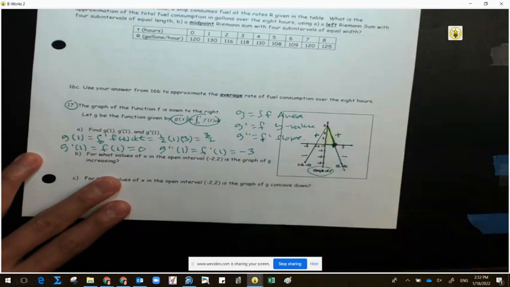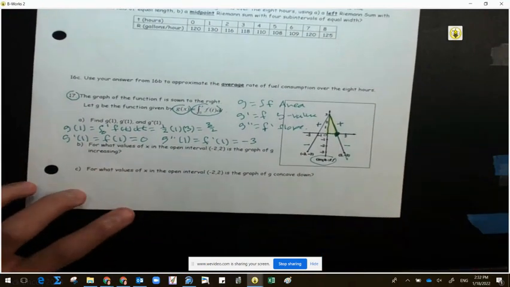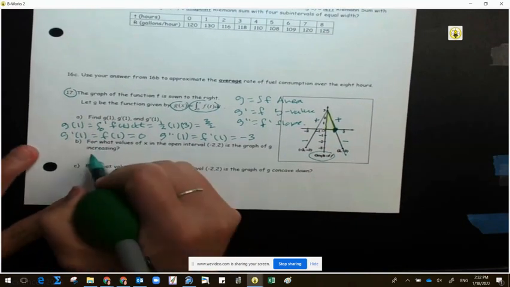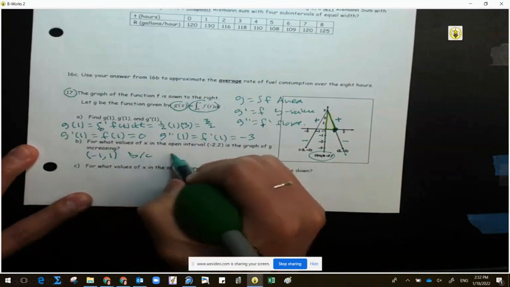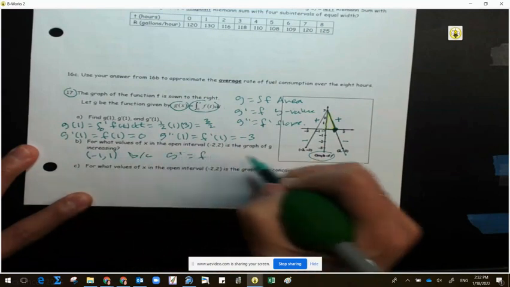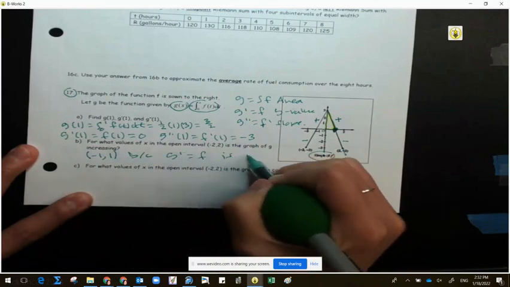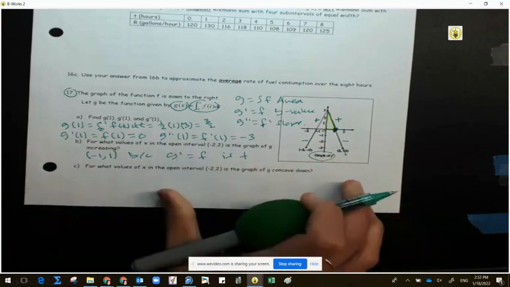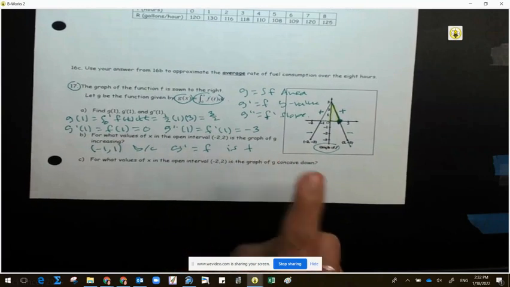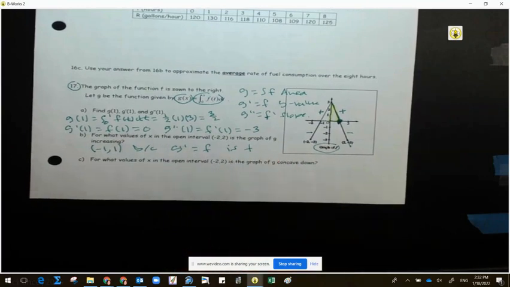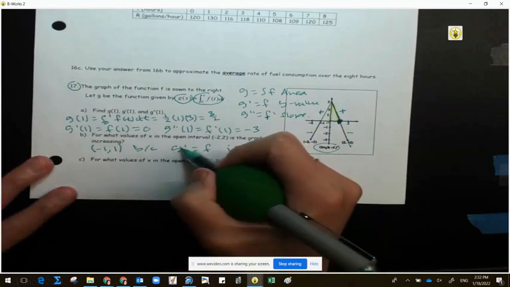At what intervals is it positive? -1 to 1. That is because g prime, which represents the graph of f, is positive. On your test, if you just write g prime is positive or f is positive, either one is fine, but I want to make sure you have options.